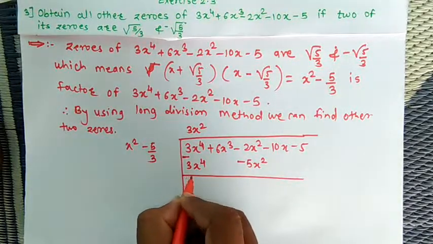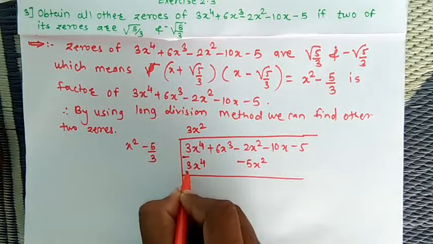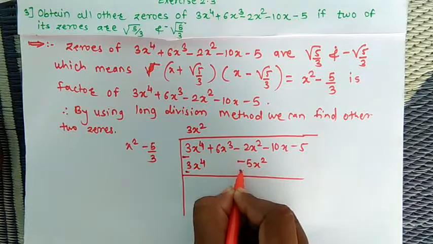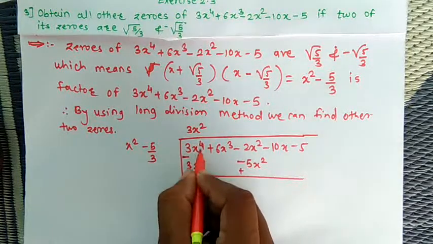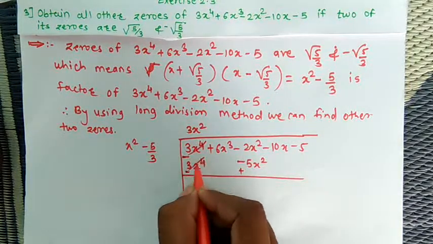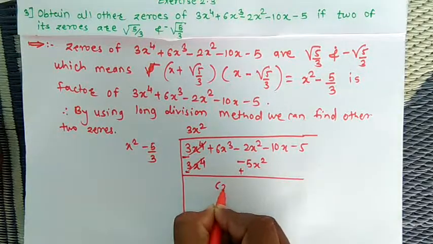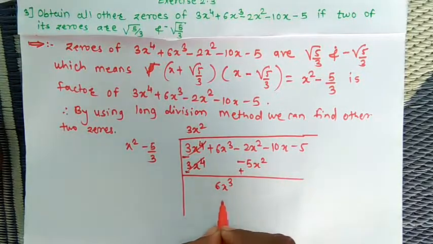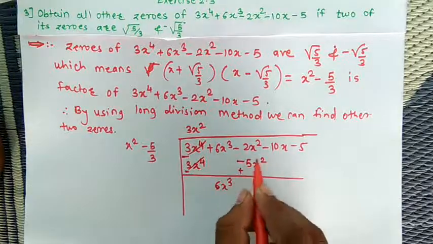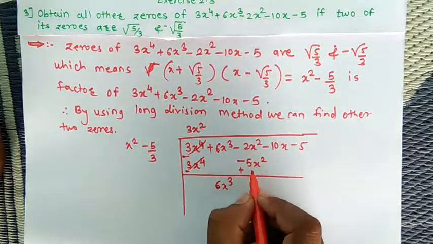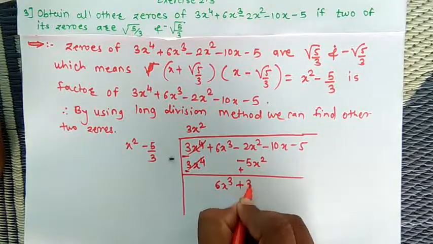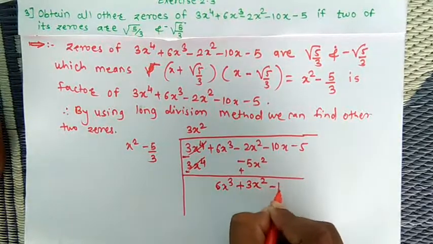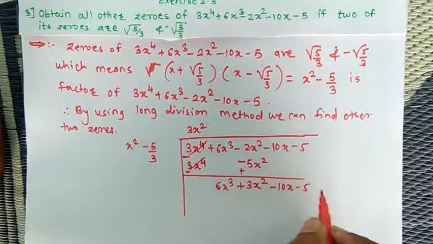While subtracting, we have to change the signs. This is a plus, therefore it will become minus. Again, this is a minus, it will become plus. 3x raised to 4 minus 3x raised to 4 get cancelled. Then 6x cube as it is. Then minus 2x square plus 5x square is equal to plus 3x square. Minus 10x as it is, minus 5 as it is.